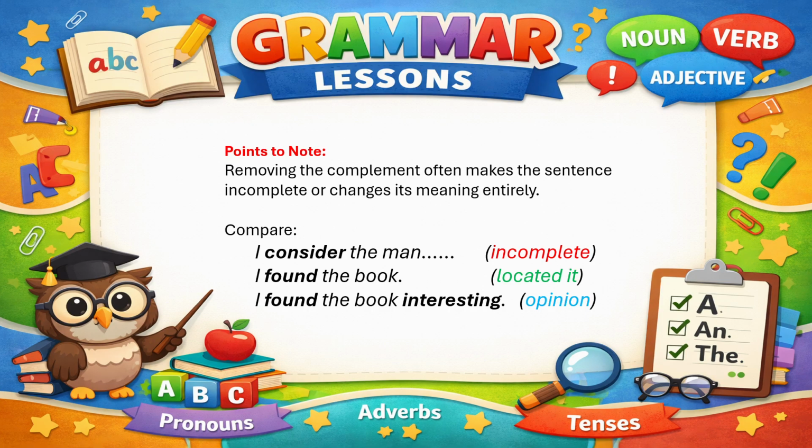But in the second sentence, when I say I found the book interesting, the sentence until the word book is the same, only adding the complement interesting, which is the complement of the book, the meaning of the whole sentence changes. Here, this sentence shows my opinion about the book. But in the first sentence, the verb found shows that I located the book. So, if you remove the complement, in some cases the sentence gives incomplete meaning, and in other cases, it changes the whole sense of the sentence.